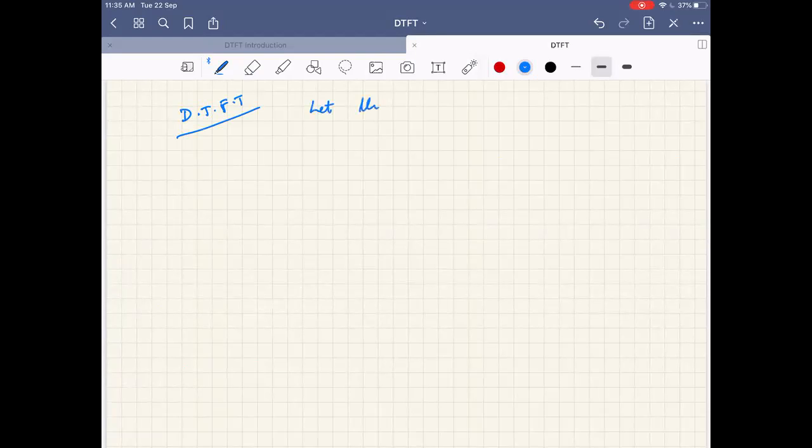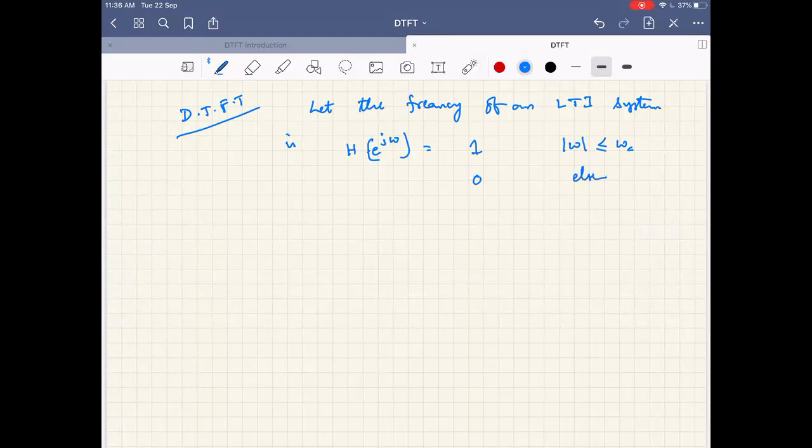Let the frequency response of an LTI system be like this: H of e power j omega is equal to 1 for mod omega less than or equal to omega c, some cutoff frequency, and 0 else. Can you sketch this system's frequency response? What is this kind of system whose frequency response looks like this? Can one of you comment?